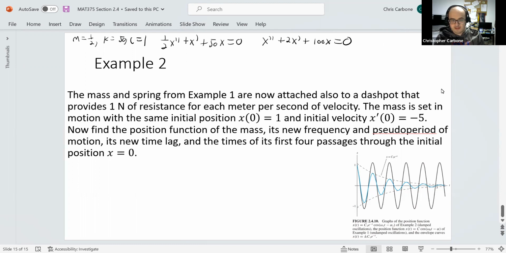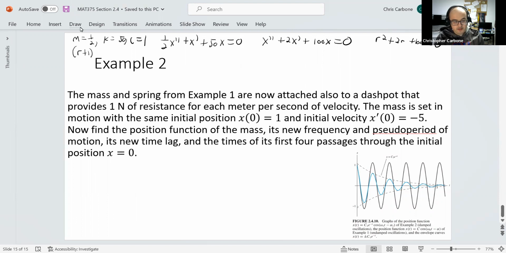The characteristic equation is r squared plus 2r plus 100 is equal to 0. Trying to solve that, there are no roots of positive 100 that add nicely to make positive 2. So completing the square would allow us to factor this.